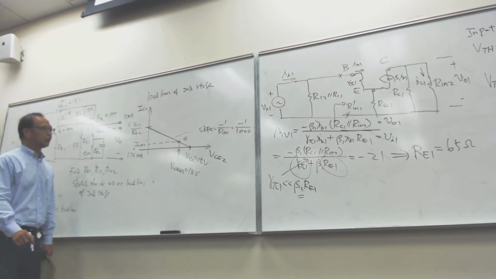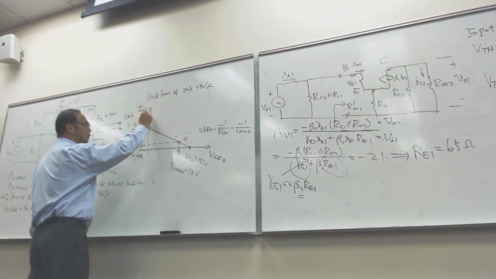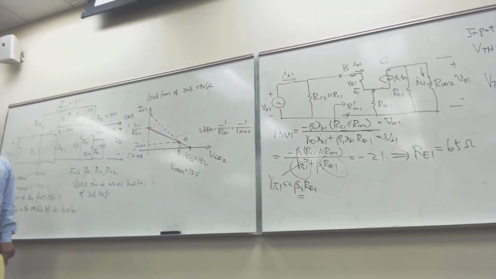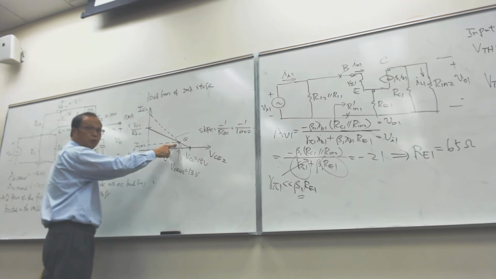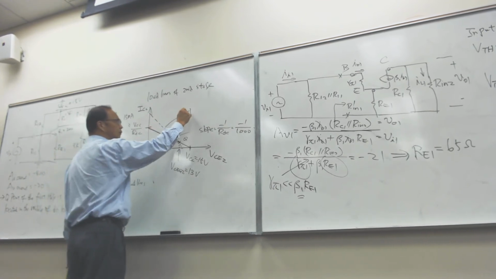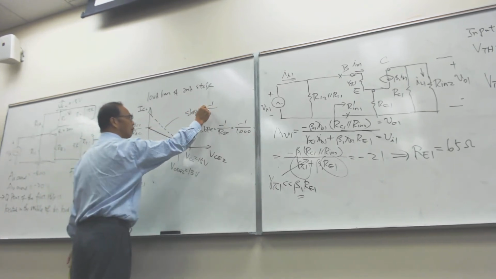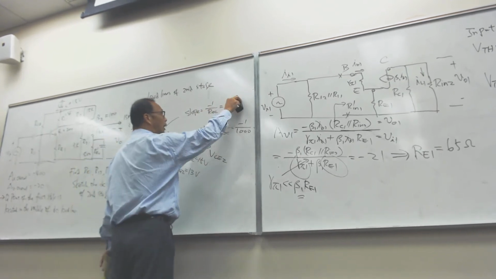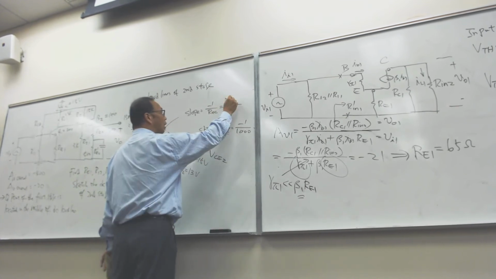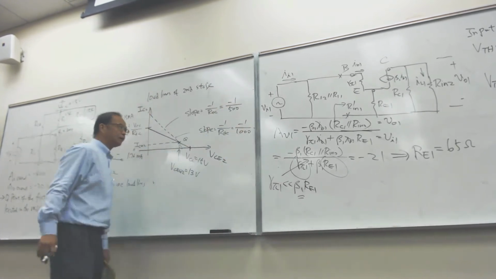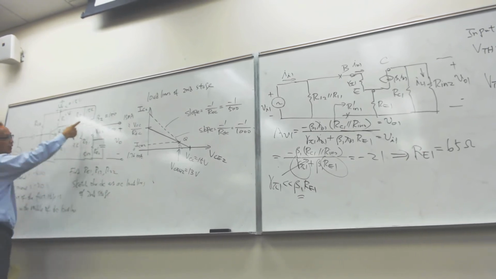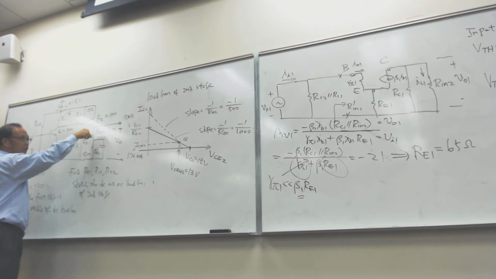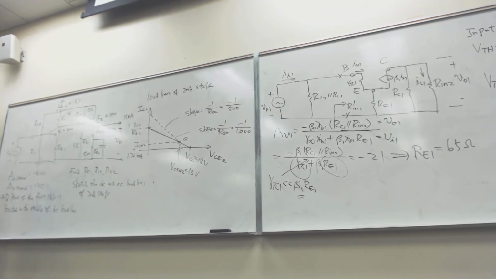Then let's do the AC load line. The AC load line has to go through the same Q point, but with a different slope. So what is RAC? It's 500, because if you look at the output loop under the AC condition, this is short, so all you have is just the 500.